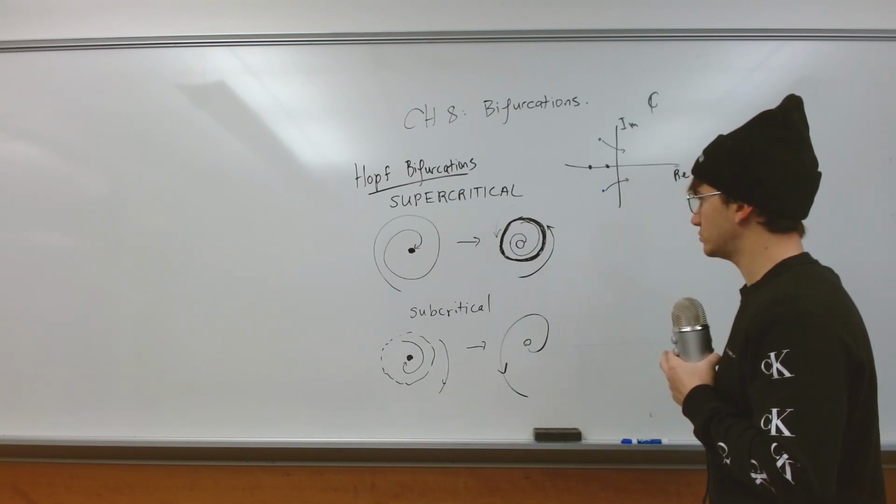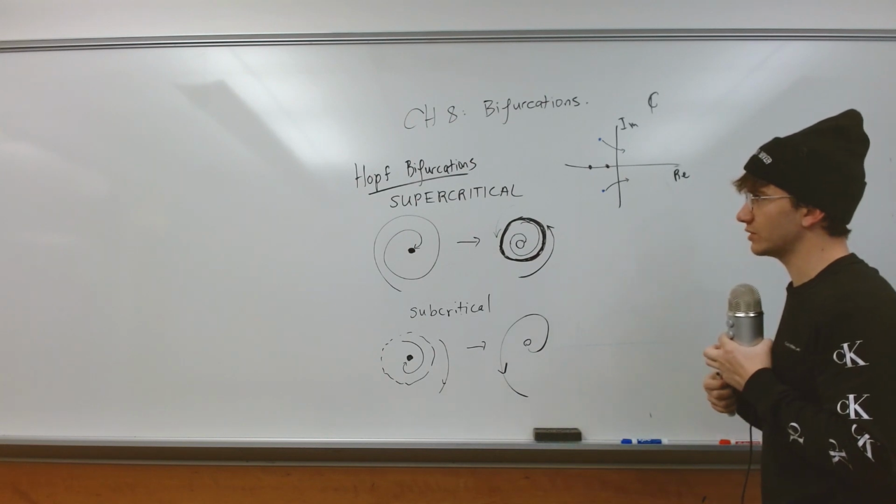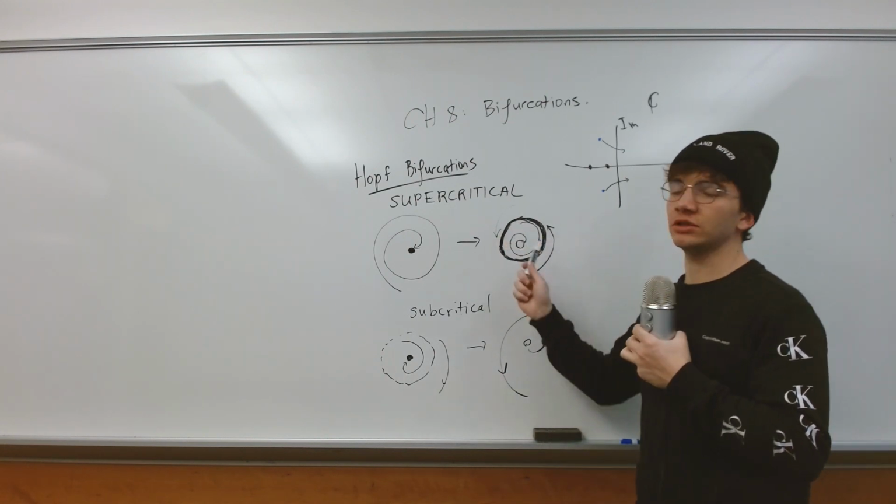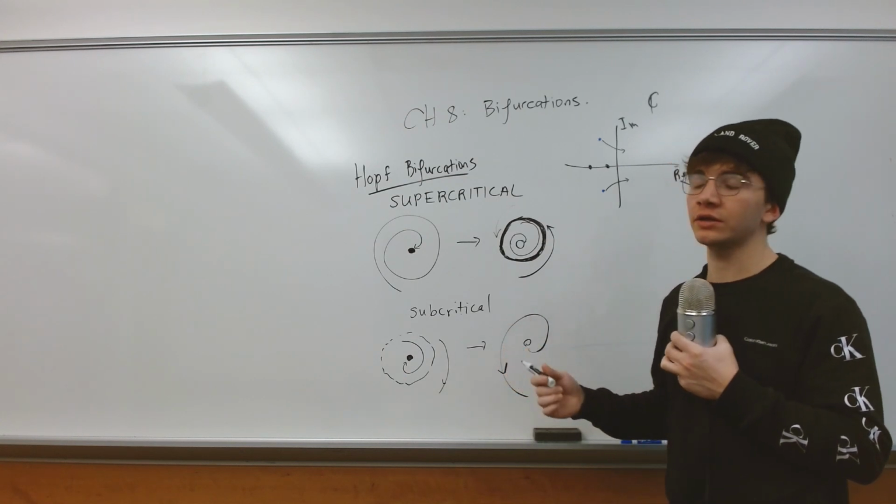Now, let's just look at an example of these Hopf bifurcations and try to come up with a reason why this stable limit cycle is necessary. Okay.